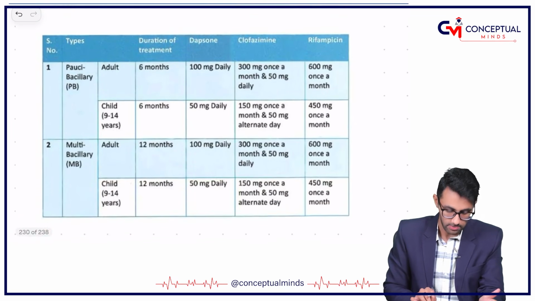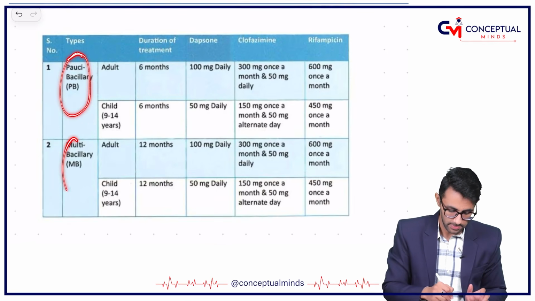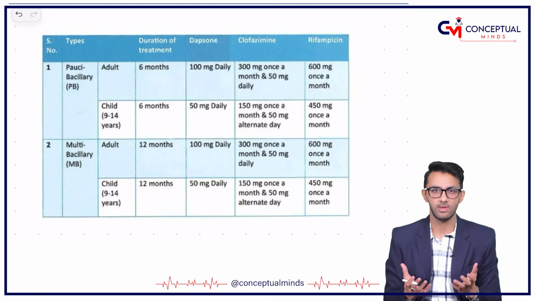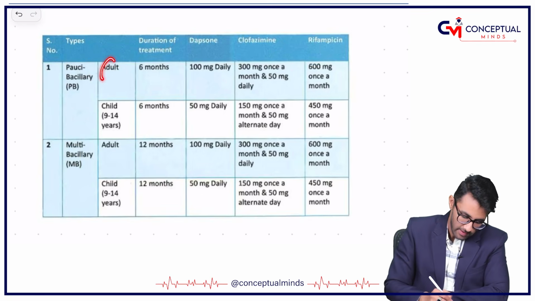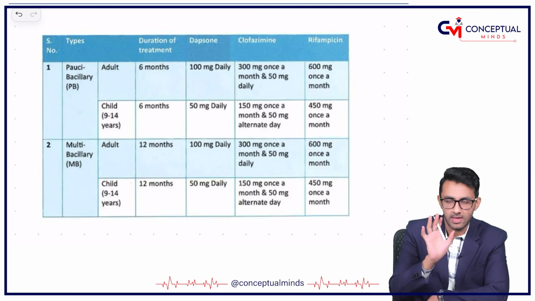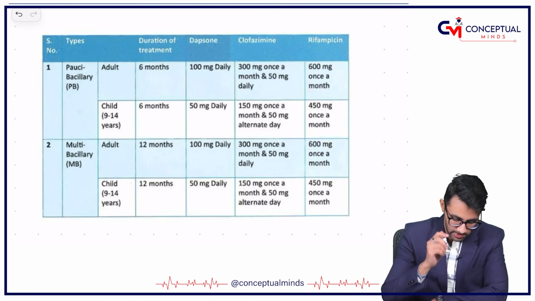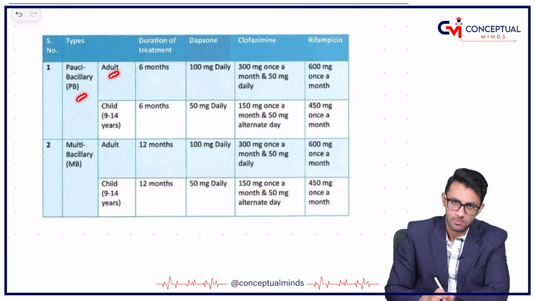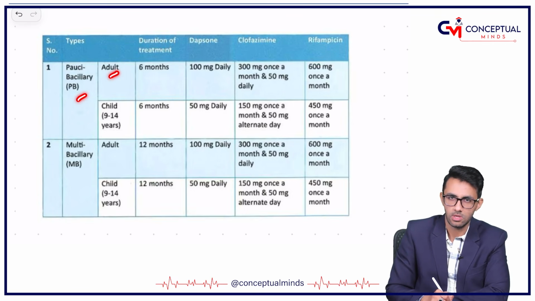Coming on to the treatment regimen. Once you have the patient, you know which type you have in front of you. Now I'll ask, are you an adult or a child? We can know by the age. For example, if the person is an adult, the SSS test was negative, the hypopigmented lesions were only 1 to 5, and there was no nerve involvement, we put it under paucibacillary.